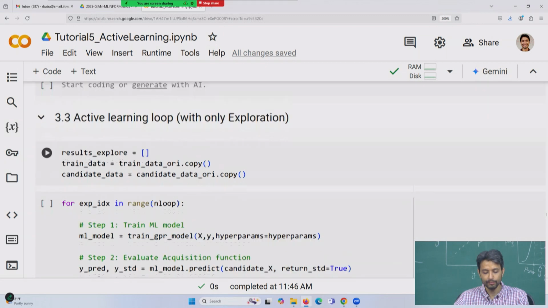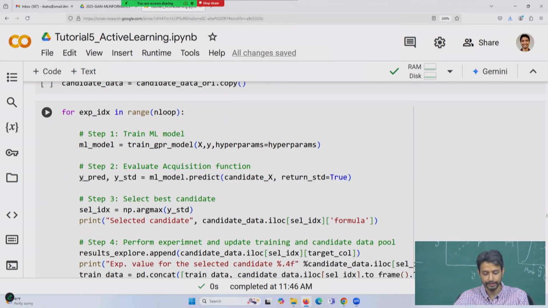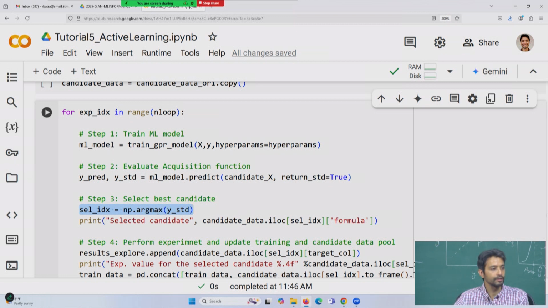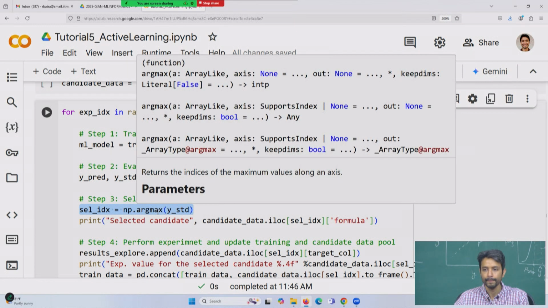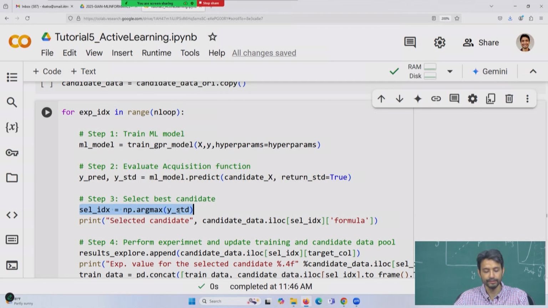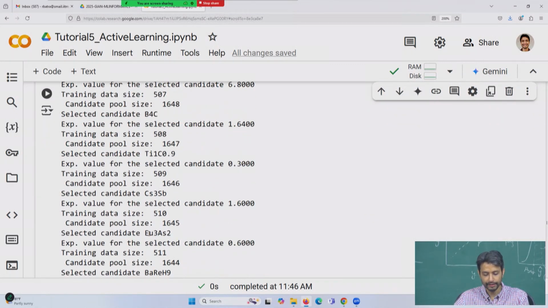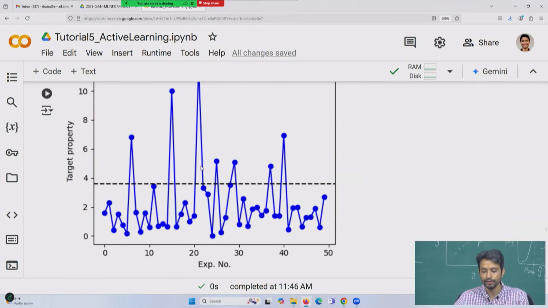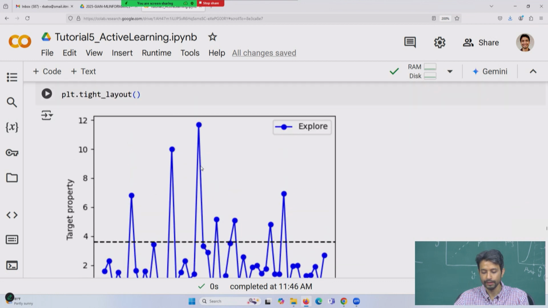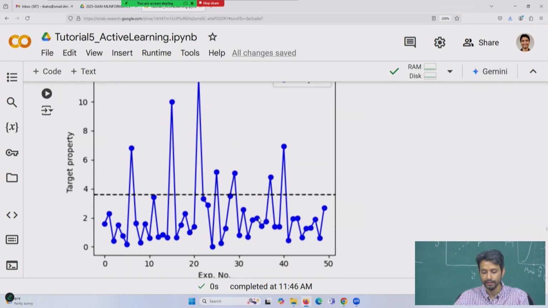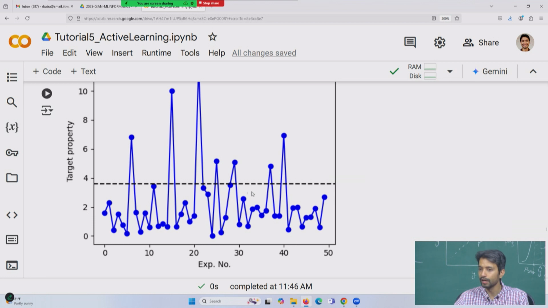Then again the same loop but with exploration, and in this one the thing that has changed is I am selecting based on uncertainty, whichever candidate has the highest uncertainty. Same thing, we run again 50 loops and see how the plot comes out. You can see that many candidates are not doing better than the starting best candidate.